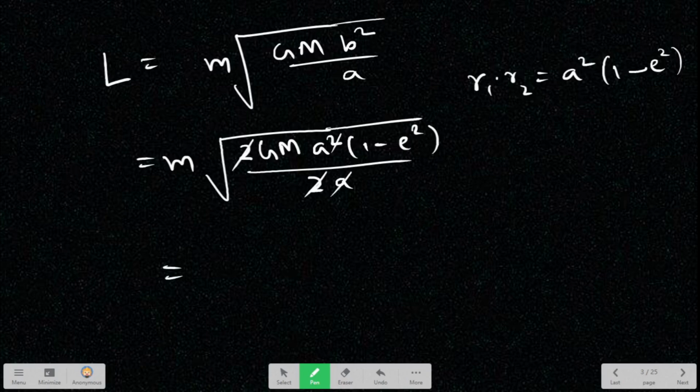So this is equal to m into root of GM A into 1 minus E square.